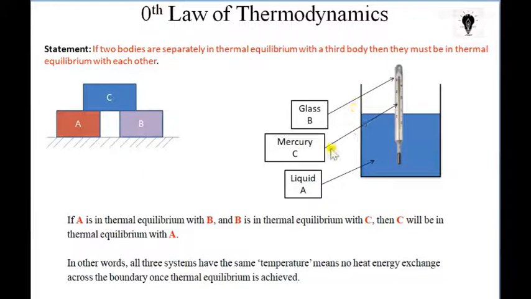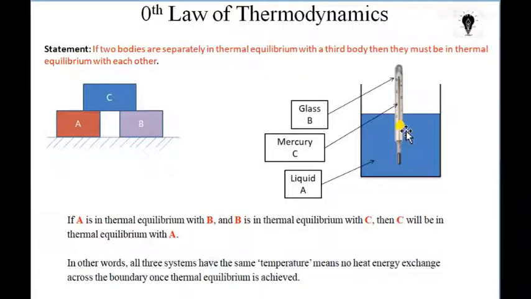Whenever I put the thermometer into this jar, I notice the mercury present inside the thermometer rising with respect to the scale, and after some time it stops at a particular level and after that it doesn't change. So how is this possible?